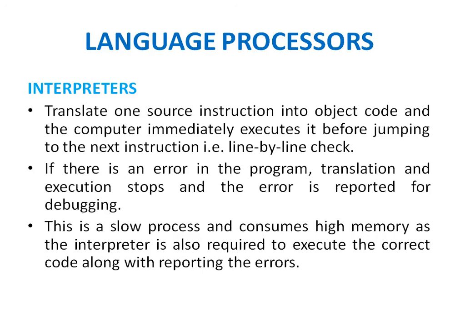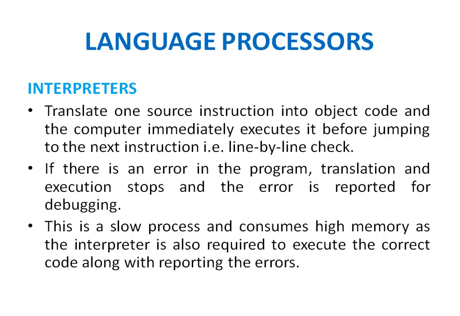So when we fix the error, we are debugging. So we can say finding and removing errors in a program is called debugging. This is a slow process and consumes high memory, as the interpreter is also required to execute the correct code along with reporting errors.